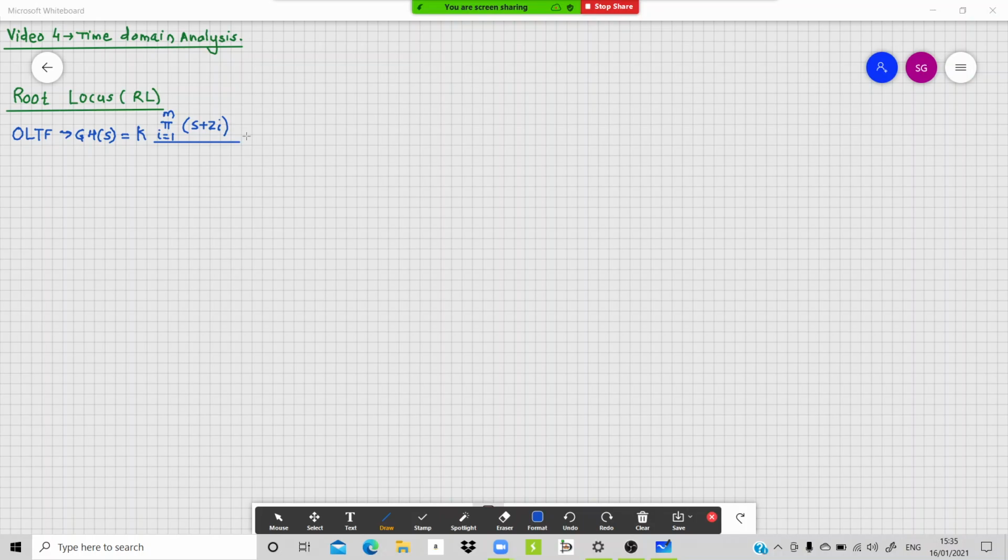So these poles and zeros are for your OLTF. Again, let us say j 1 to N, s plus z_j. Okay, so this is the standard format of OLTF.